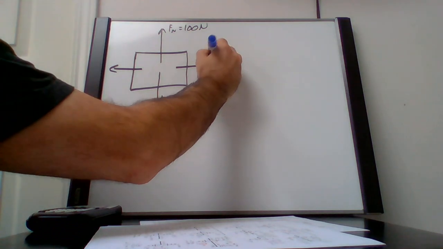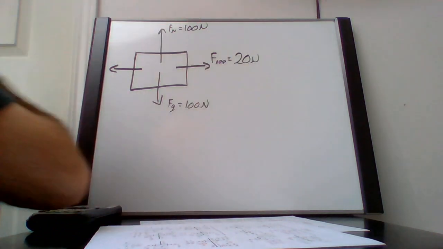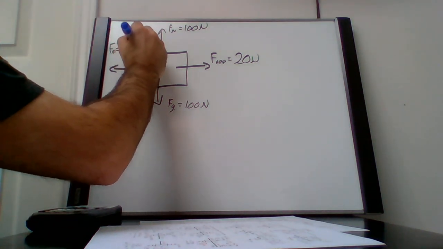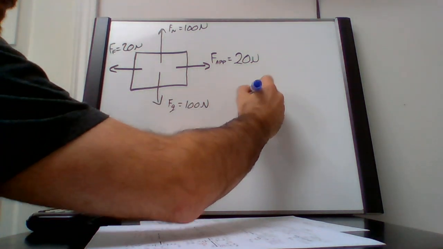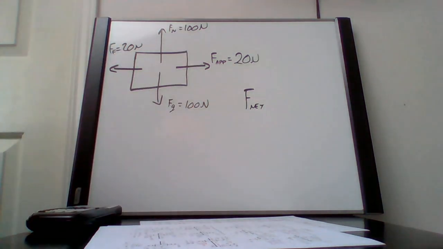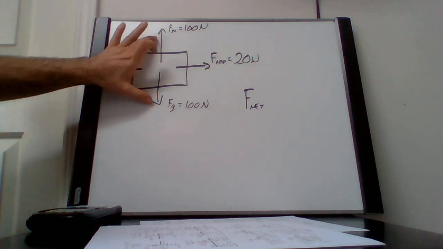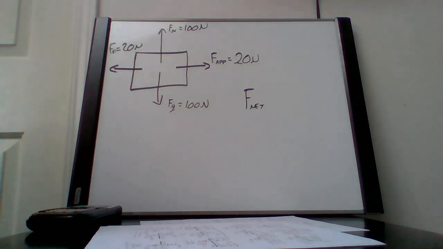I'm also told that I have an applied force of 20 newtons, and I have a force of friction of 20 newtons. Okay, so when I'm looking for my F net, this is the sum of all forces. Now if I'm looking at my vertical, my normal force is 100, my force of gravity is 100.